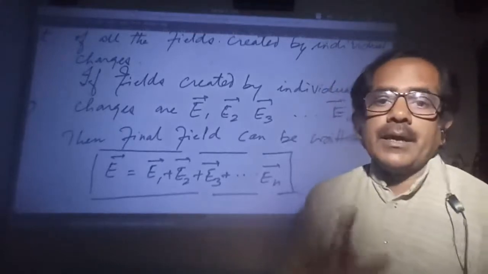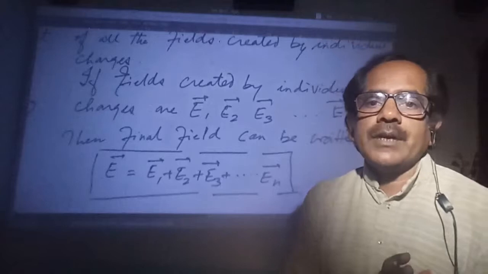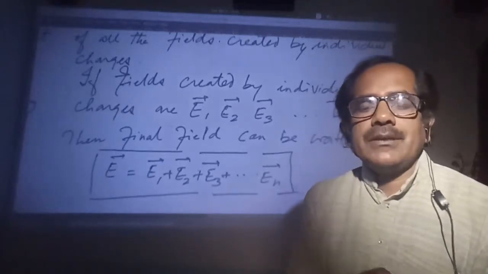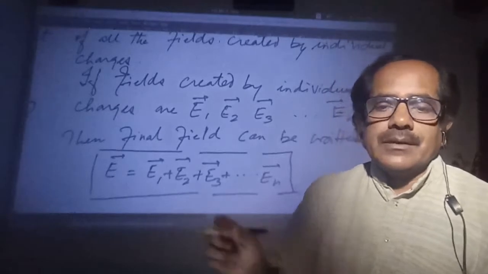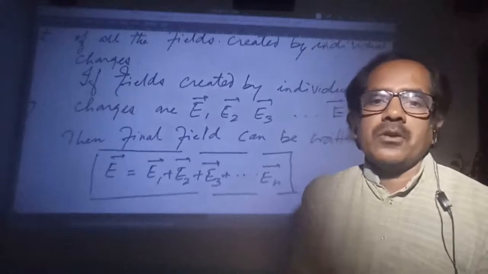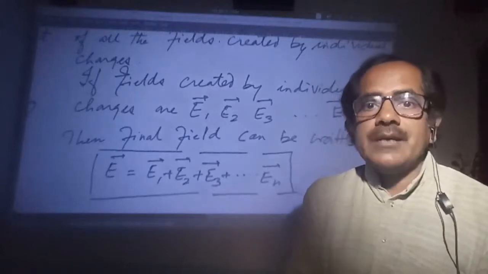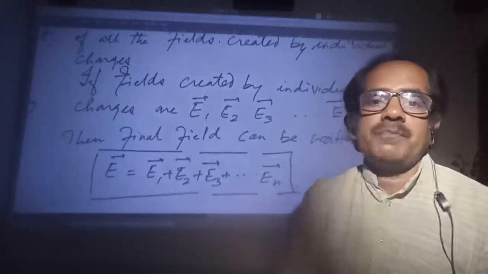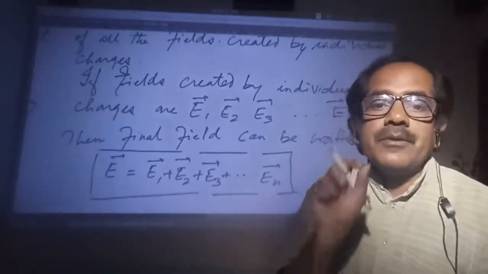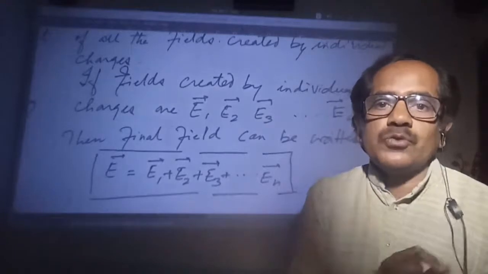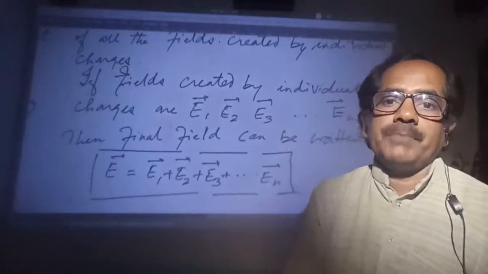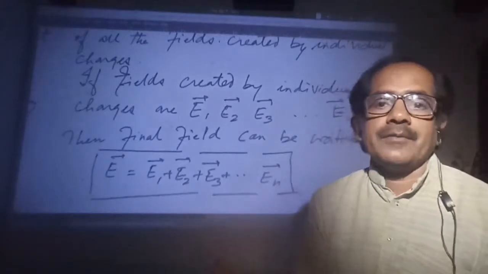See, here again and again I am using the term vector because direction is implicitly attached with it. Without direction you cannot talk about the force. Field is also a force in a specific situation. Again I repeat that field is used to find the influence of a charge in applying force.